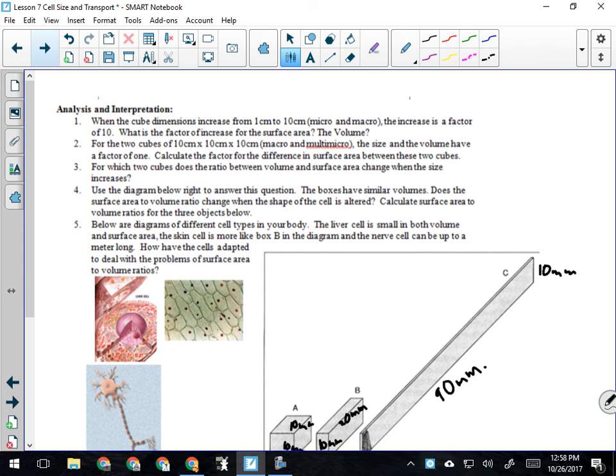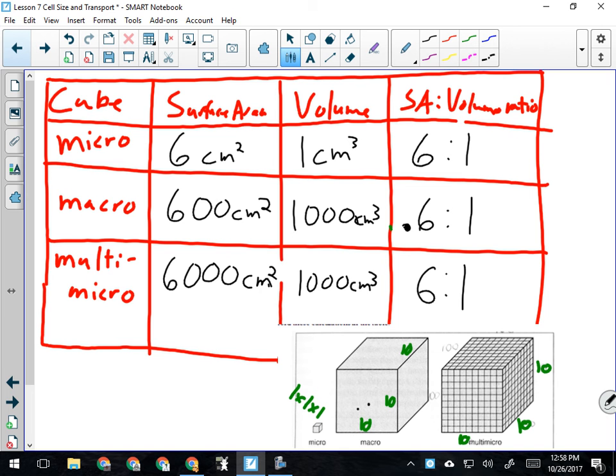Now, for number 3. It's asking you for which two cubes will the ratio change if they get bigger. Okay, so looking back at these cubes, we have to think about this. These two represent single-celled organisms. This one represents a multicellular organism. When a single-celled organism grows, its cell gets bigger. Okay, so essentially, if this cell grows, it would become this cell.